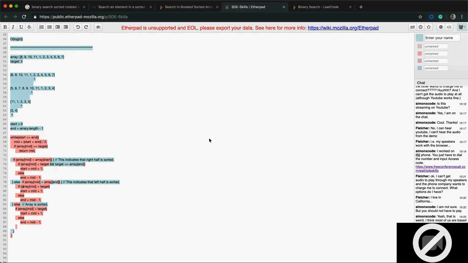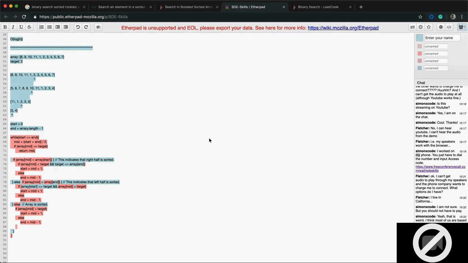In this scenario we will do the same thing. We are saying that the left half is sorted, so we can simply check if array of start is less than or equal to target, and array of mid is greater than the target. Which means our target element is in the left half, which is already sorted.